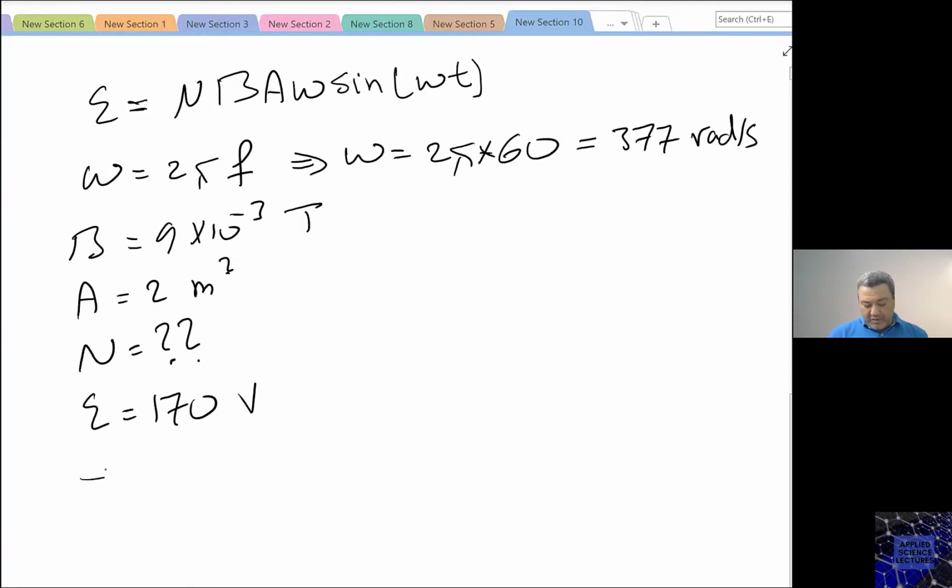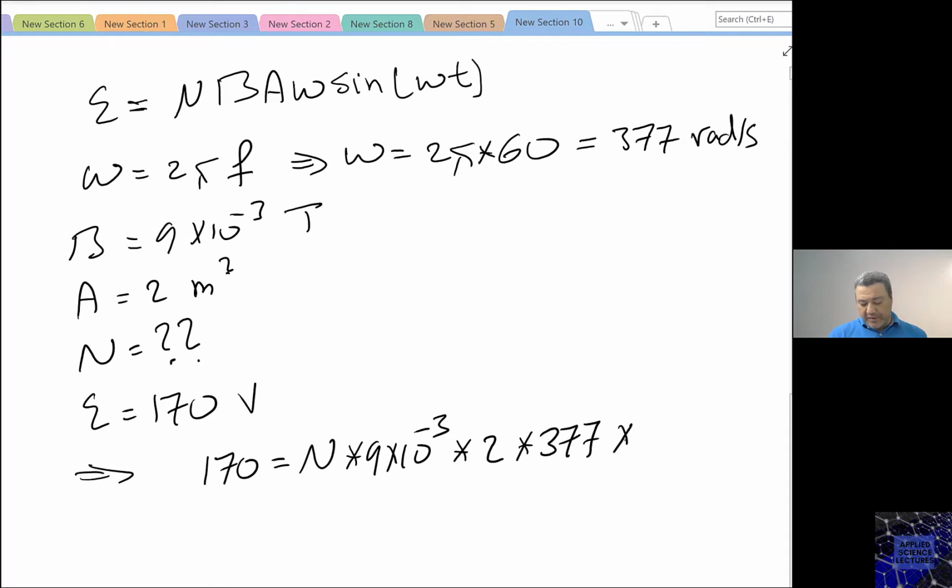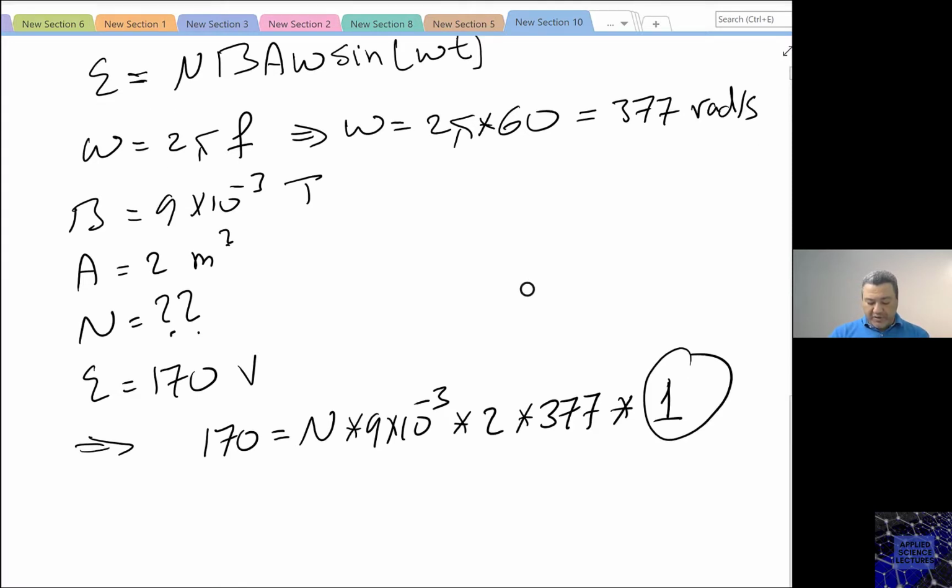So back to my expression here, I have 170 equals, I don't know, N times 9 to the power minus 3 times 2 times 377 times 1. This is going to give me the maximum electromotive force.